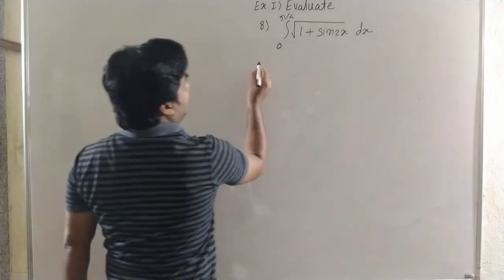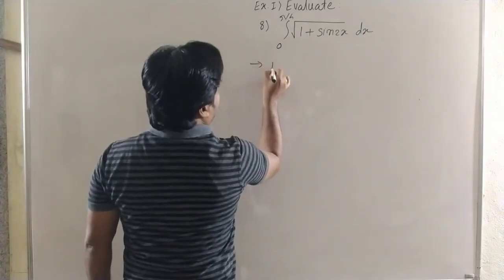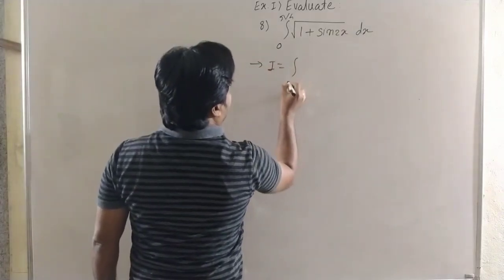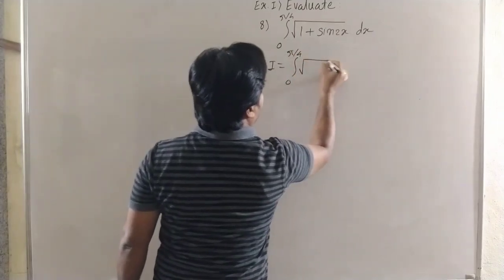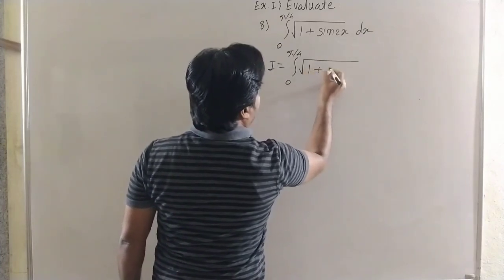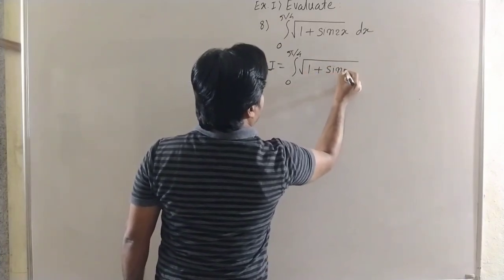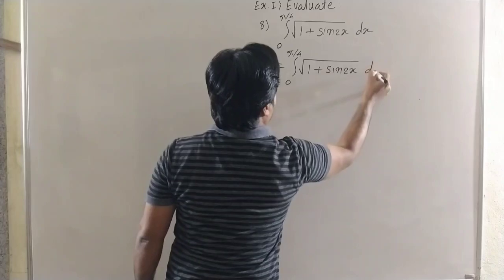Now here, the integral from 0 to pi by 4 of the square root of 1 plus sin 2x dx. Okay.